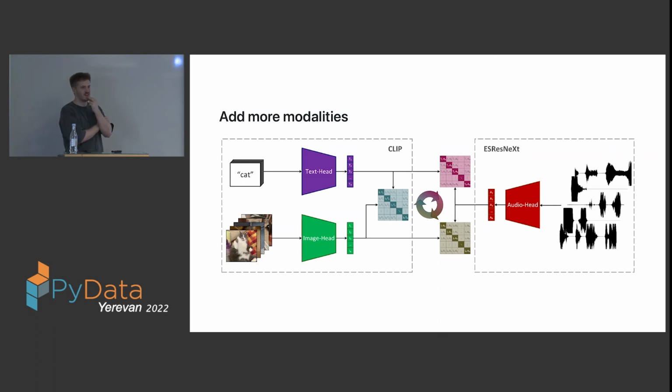The property of transitivity. Yeah, I understand, but I think you will train different spaces for different pairs, and after that you need to match them.